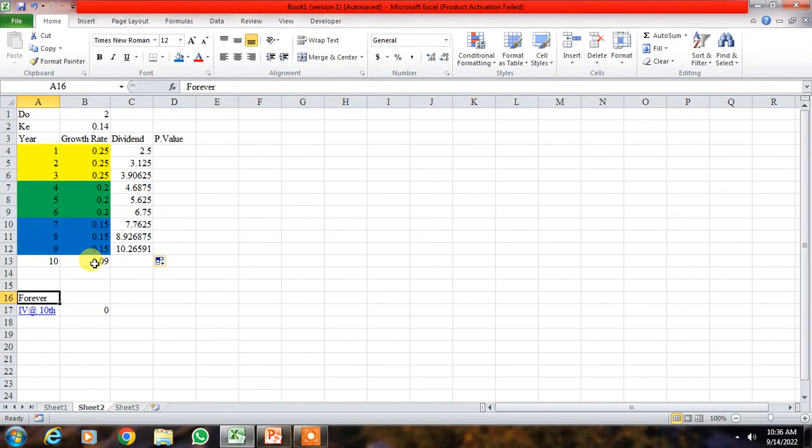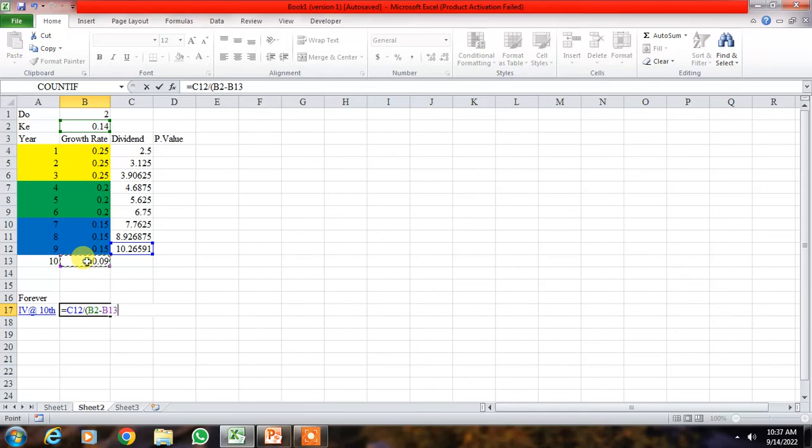For example, the current dividend is 10 and the required rate of return is 14%. The expected growth from now onward is 9%.